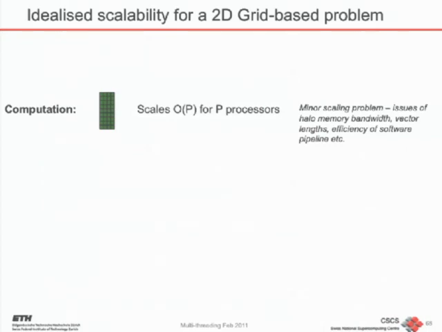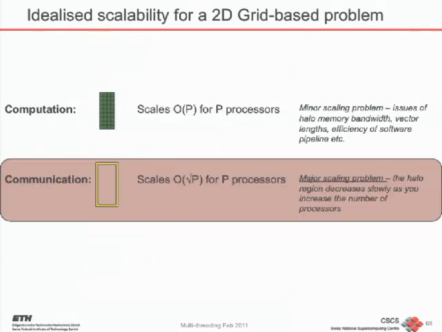computation is typically the bit where you can get scaling quite nicely if you don't have load balance problems, etc. You get some minor scaling problems to do with halo memory bandwidth and so on, vector lengths, software pipelining. The communication, if you start to distribute amongst different processors, scales more like order root P. So it's a major scaling problem when you get to the halo part, whether because of memory bandwidth or communication.